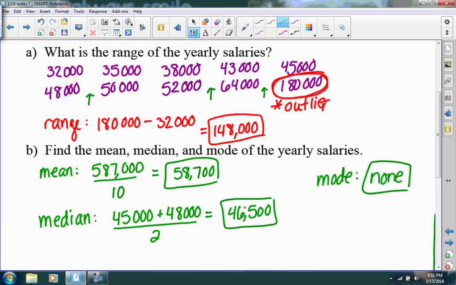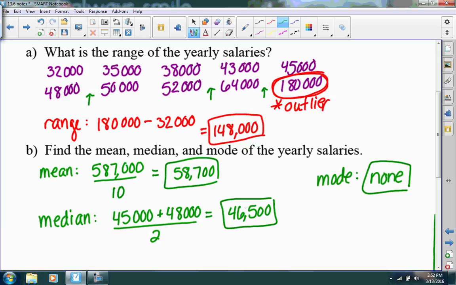So the median, if I put that into my data set, it falls more in the middle, and it's at 46,000, and we had 3 values that were in the 40s. We had 3 that were in the 30s, 2 in the 50s, 1 in the 60s.